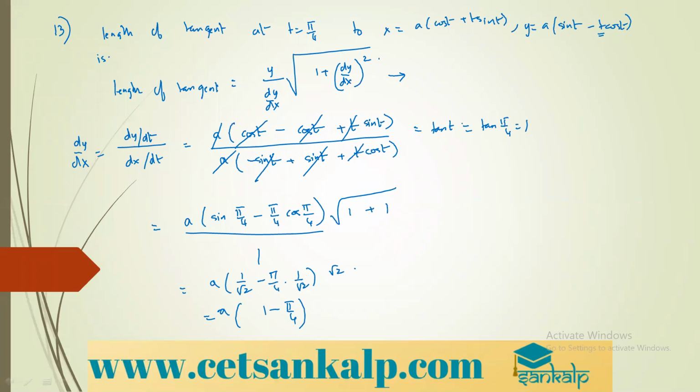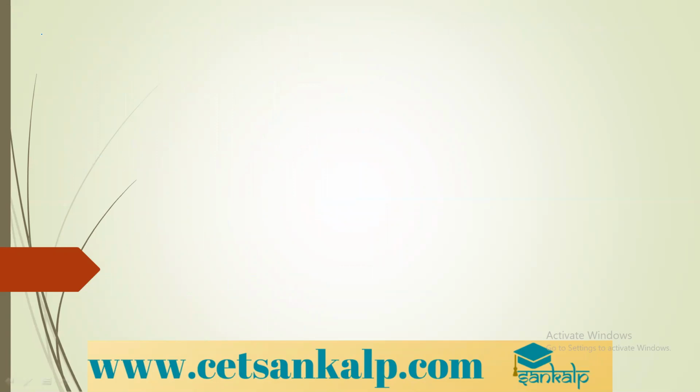So we can go to the next question, that is question number 14. Question number 14a we will take. On the ellipse 4x square plus 9y square equal to 1, you have to find the points at which the tangents, when you draw them, are parallel to 8x equal to 9y.